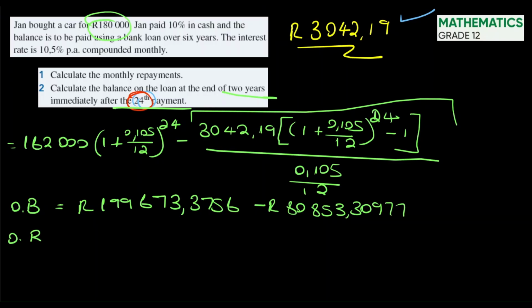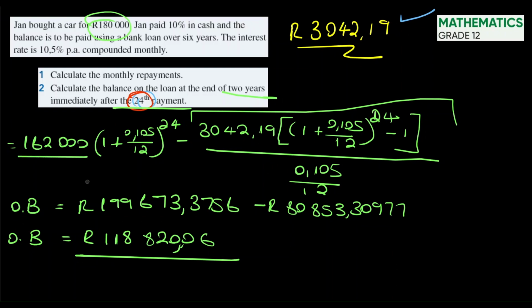So the outstanding balance, when you subtract the two values on my calculator, I'm getting 118,820.006. So 118,820.06 will be the outstanding balance on a principal amount of 162,000 after 2 years. Then we would have really mastered the outstanding balance formula or questions.